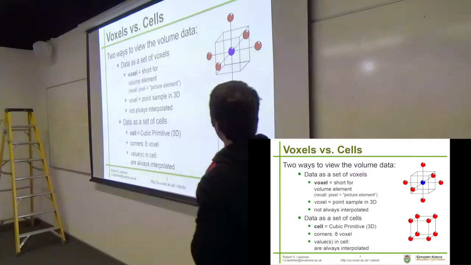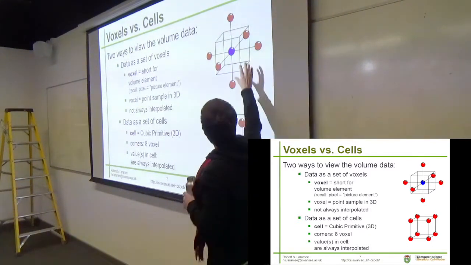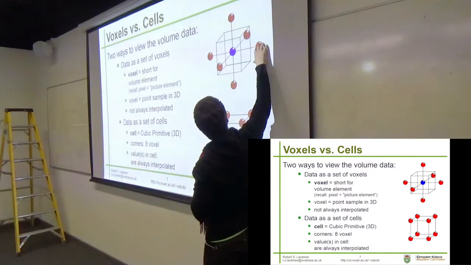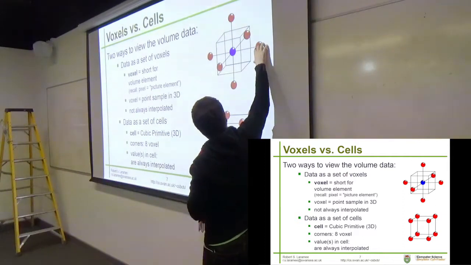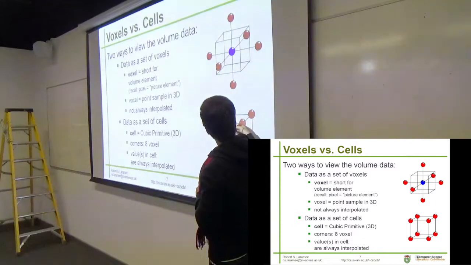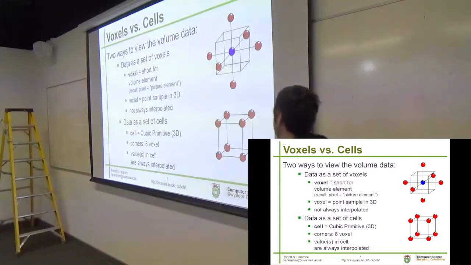And then we can interpret the same data by shifting this grid. If I just shift this grid half a unit to the right or left, it doesn't matter, and then another half unit down or up, we get the data stored at the corners of cells.